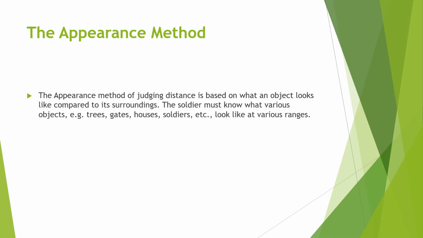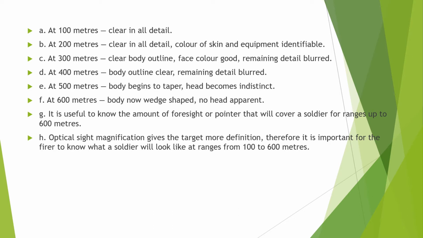The appearance method of judging distance is based on what an object looks like compared to its surroundings. The soldier must know what various objects, for example, trees, gates, houses, soldiers, etc., look like at various ranges. There is a gauge for this and a graph that we're going to go through now. So, at 100 meters, all detail is clear.